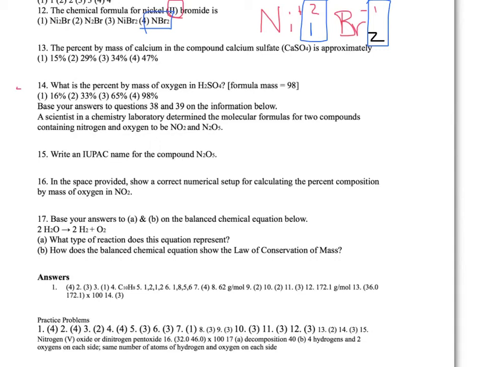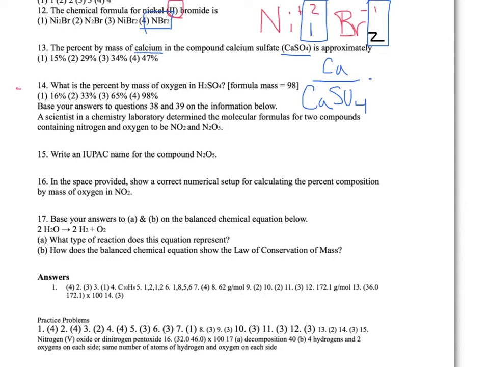Question 13 is a percent by mass composition question where we're looking for calcium in calcium sulfate. That means that we have to find the mass of all the calcium as compared to the entire compound.